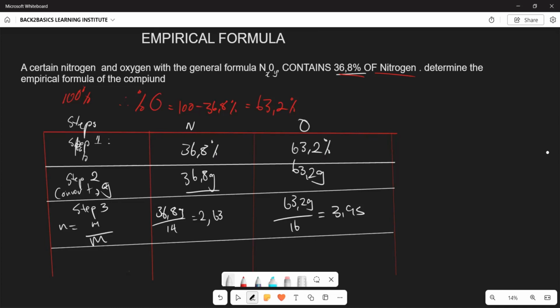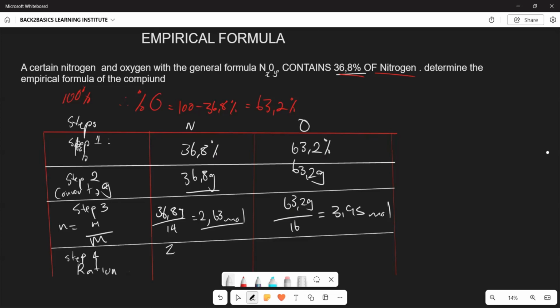After that, we're going to divide. So in your step 4, you're going to find the ratio through division. Now, when you check between these moles, which one is the smallest mole? This one is the smallest mole.